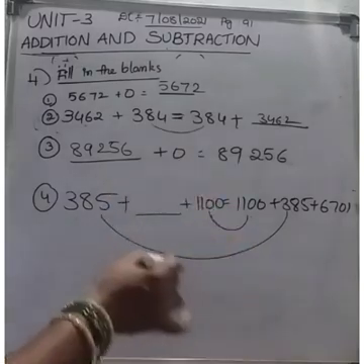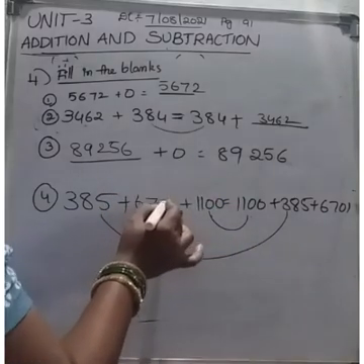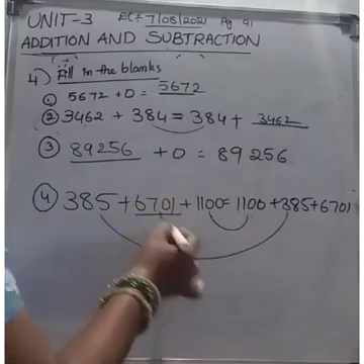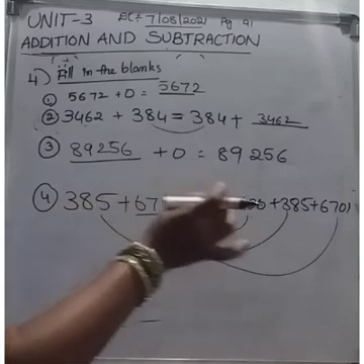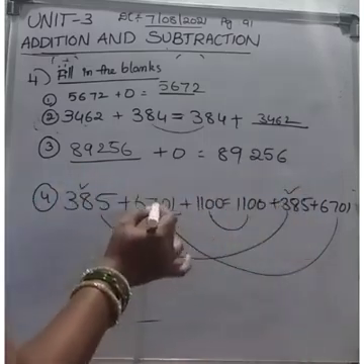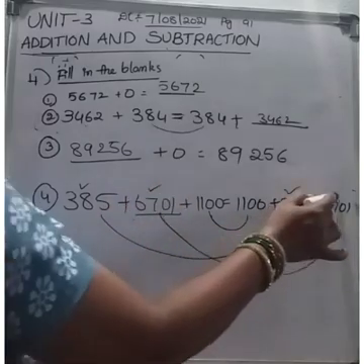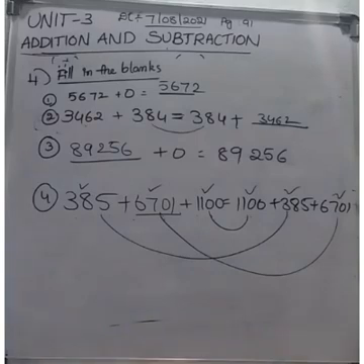So what number is not there in this blank? When we write 6701, both sides are equal, no? Now both sides are the same three numbers: 385, 6701, 1100. Okay, right?